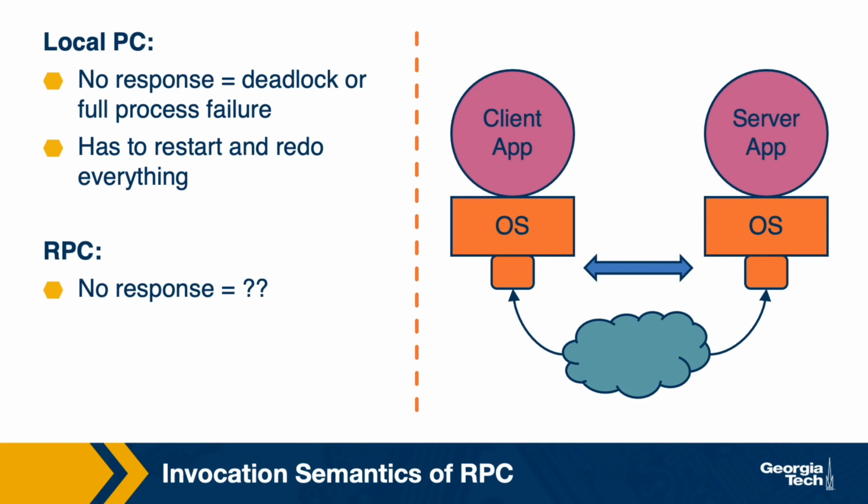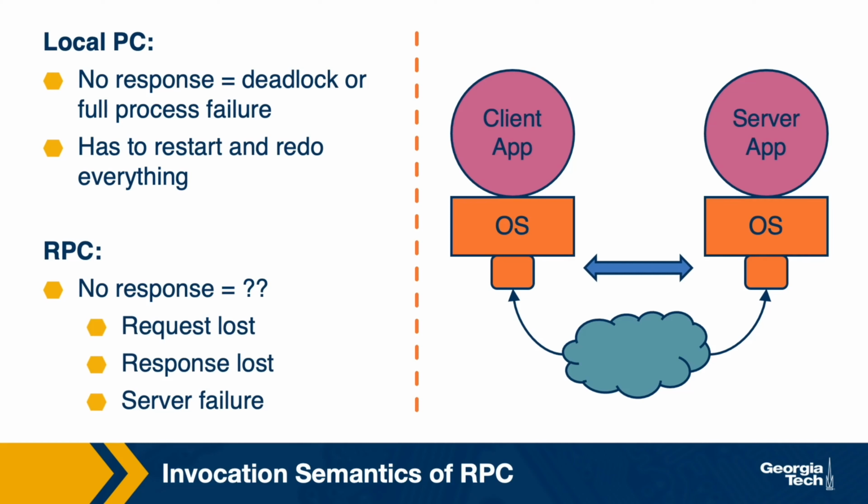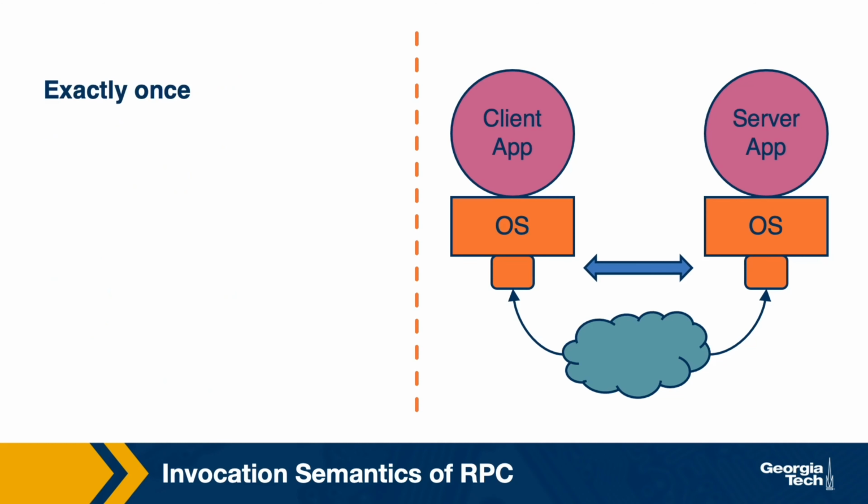It is possible that the server completed the operation and just the result got lost. Rerunning this operation twice may corrupt the application data, say if it's an operation to update the same variable, to increment the same variable. Ideally, we would like the RPC system to guarantee the same type of exactly once call semantics as what we have with local procedures.